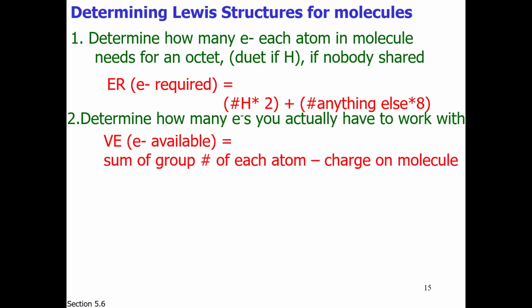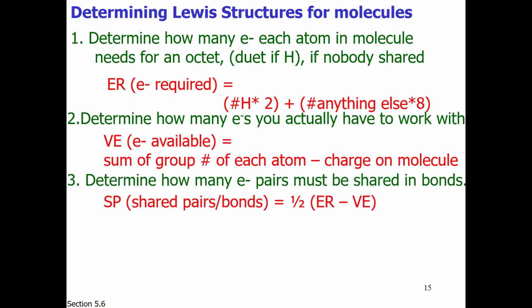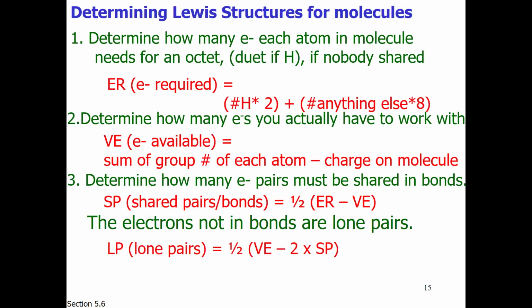The next calculation is known as valence electrons. That's determining how many electrons you actually have to work with. So it's the sum of the atom's group numbers minus the charge on the molecule. Next is determining how many bonds or shared pairs you have, and that is 1/2 the electrons required minus the valence electrons. And we can also determine how many lone pairs we have.